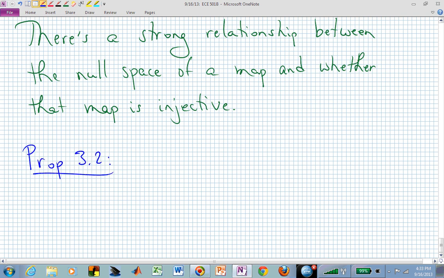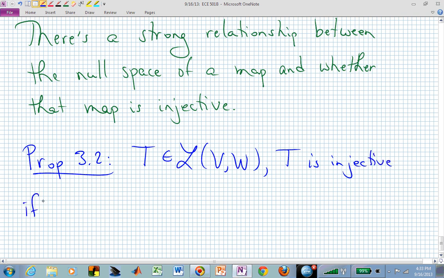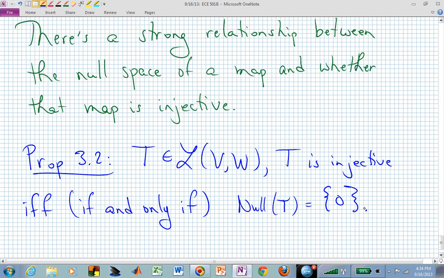Proposition 3.2 says if we have a linear map T between V and W, that map is injective if and only if, that's what I mean by IFF, if you were wondering where that came from, the null space of T is the zero vector.